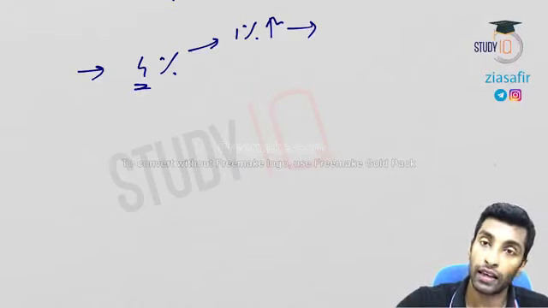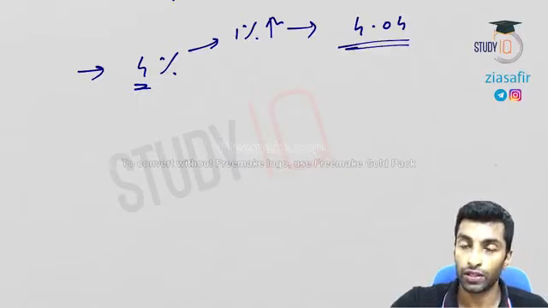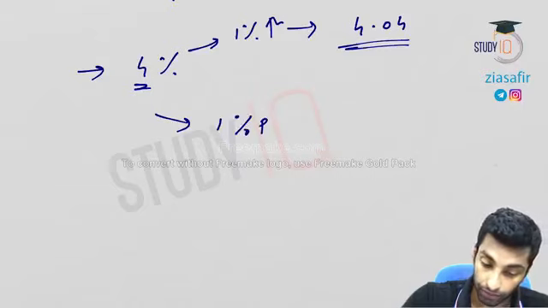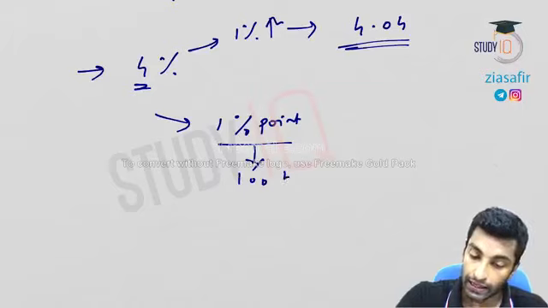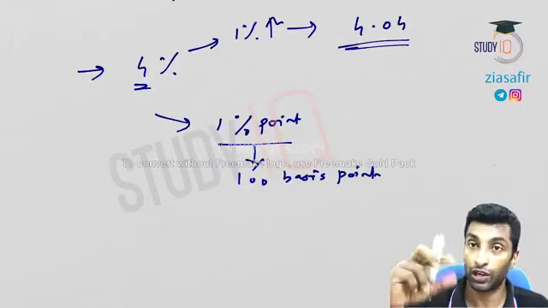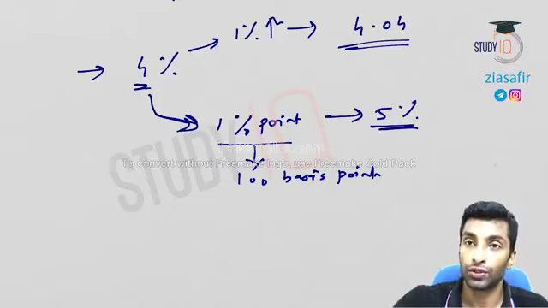So the increase will be 4.04. You understood? But when I'm talking about 1 percentage point, 1 percentage point means 100 basis points. So 100 basis points means it's actually 1 percentage point, so it is going to be 5%. So that is the difference.